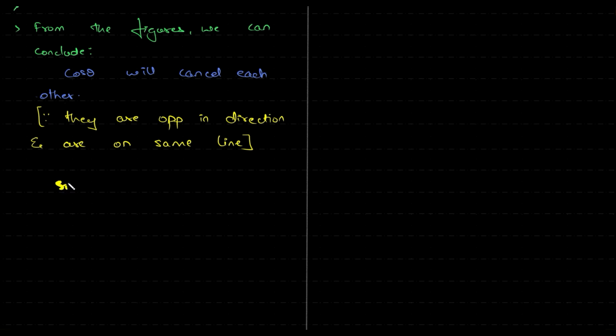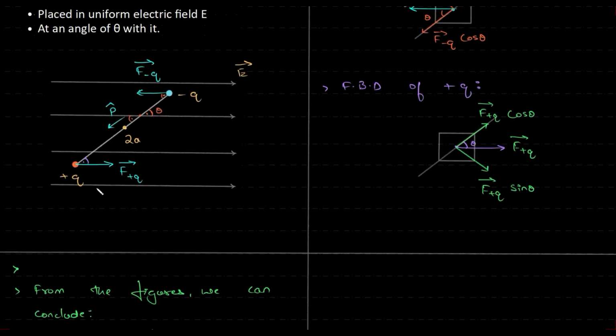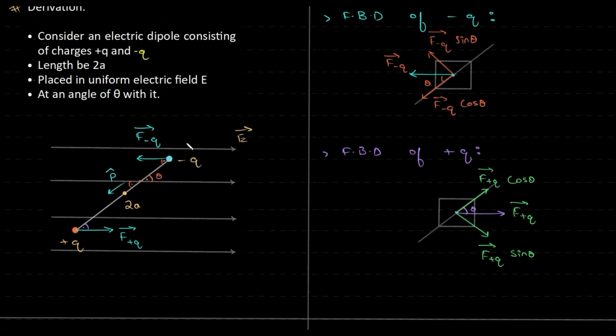While your sine theta components are opposite but form a couple. Simple reason being, yes, they are acting on the same line per se, but that line is perpendicular, right?